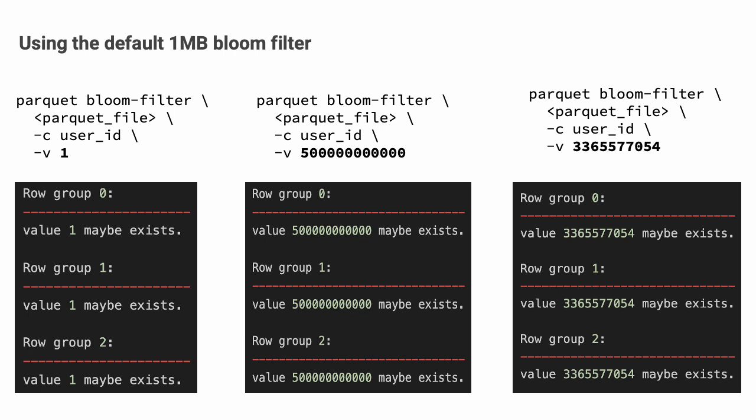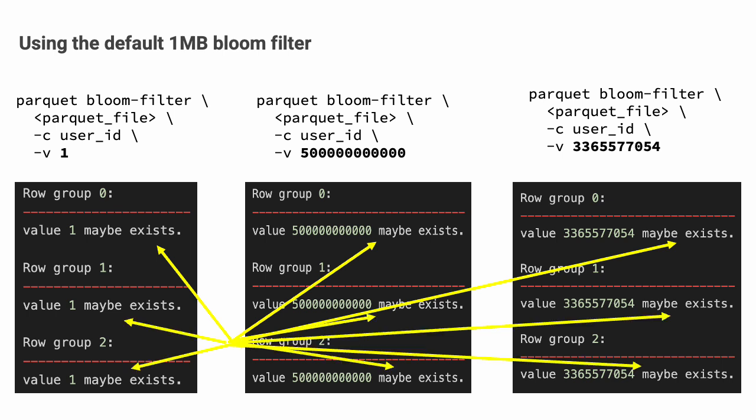So we looked into one of the files and checked whether the value 1 is present or not, whether a high value is present or not, and whether one of the existing values is present or not. And if you see, the bloom filter says for all the values that it can be present.